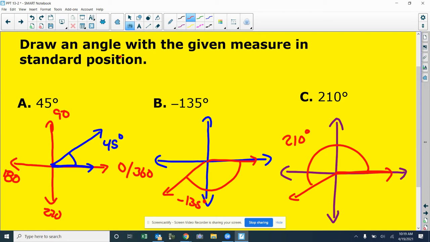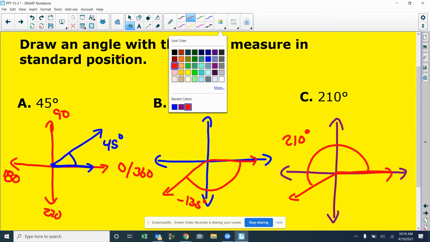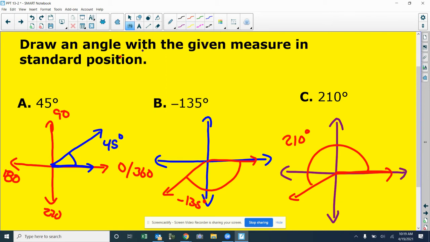Now, these all have what we call co-terminal angles that go with them. They're 360 apart. So I'm going to go the other way. If I come back this way, that would be negative what? Negative 315.